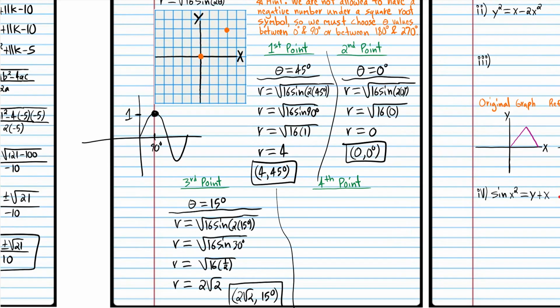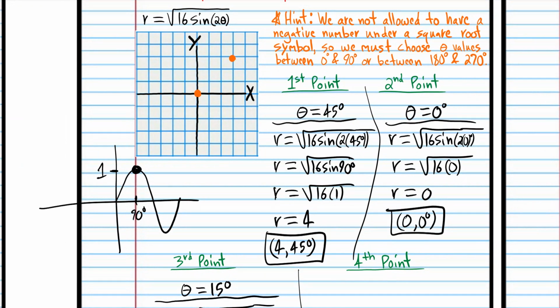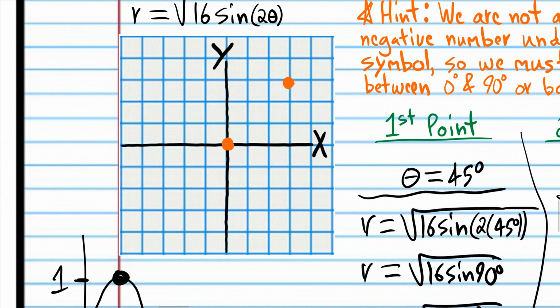So the square root of 8 is obviously going to be a little bit less than 3. That's going to be about 2.8. So we're going to count 2.8 units, 1, 2, and then rotate about 15 degrees. So it's going to get us about there.